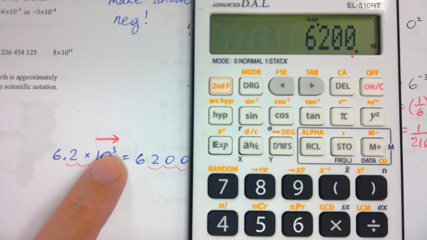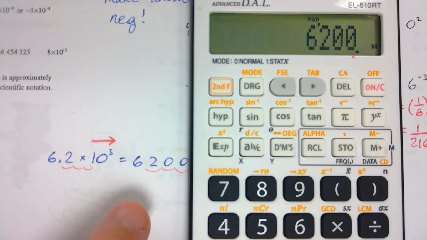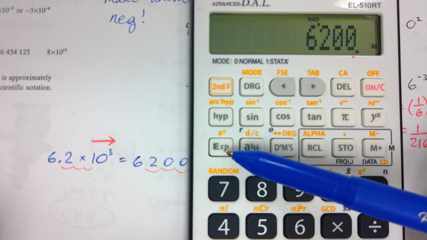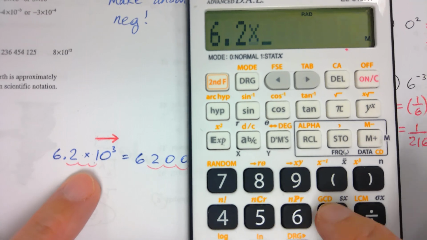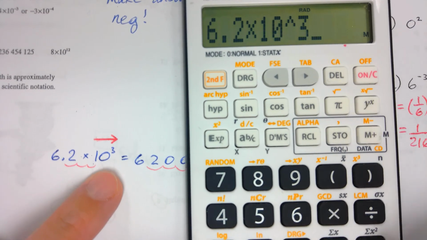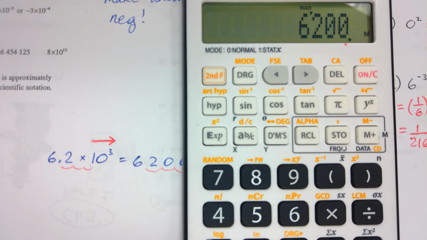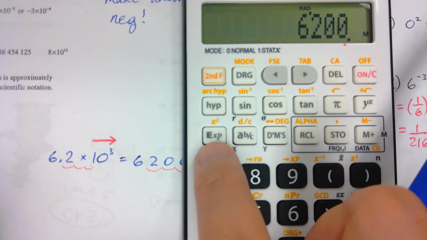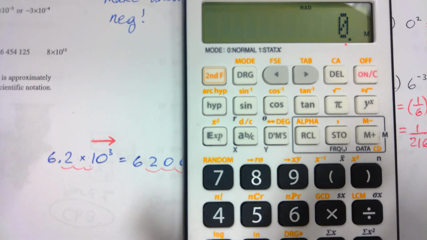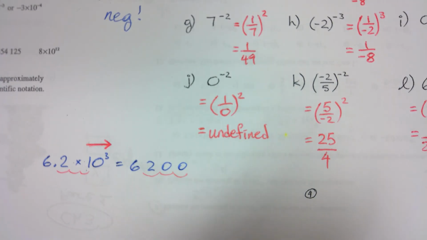Okay, and you get 6,200. I think this button is pretty useless actually, because you could simply do 6.2 times 10 to the power of 3, and it will do the same thing. So I don't like using this button. That's why we don't use it much. But I just thought to explain this button for you.